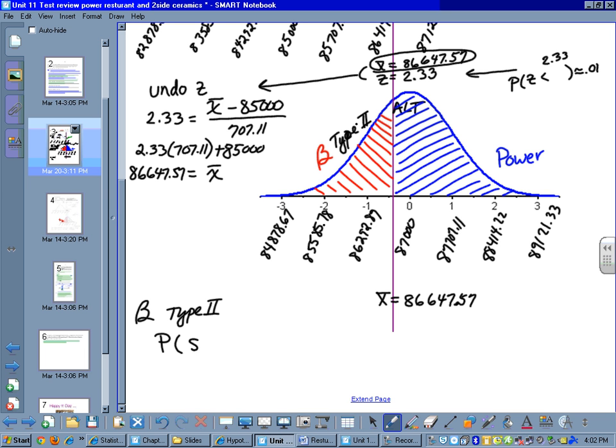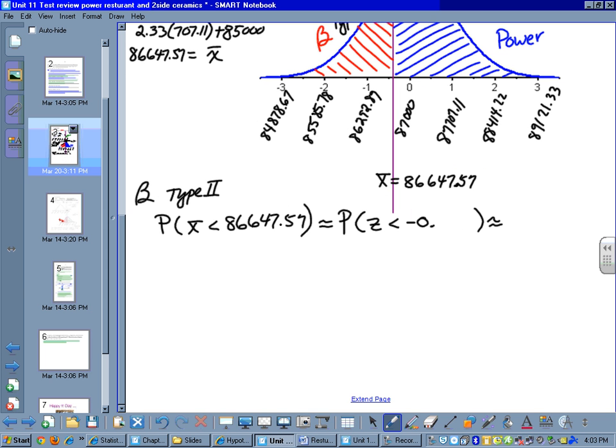Find the probability that I get a sample less than 86,647.57 when I'm in the alternative world. So the only reason to talk about beta and power is because I'm in the alternative hypothesis. In order to figure that out, I need a z, which I see is going to be just negative 0 point something, and the resulting probability will be my answer.